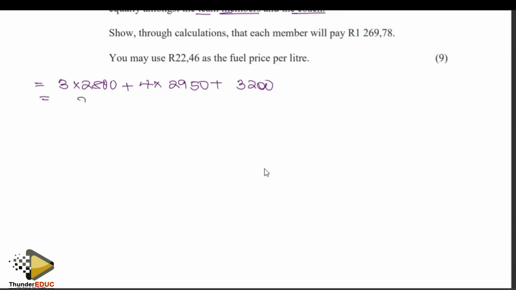We have 295 plus 3,200. So 8,44 plus 11,800 plus 3,200.